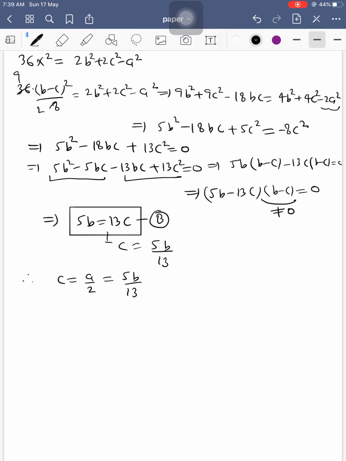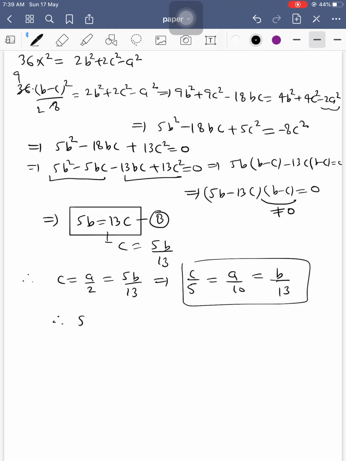Okay, dividing by 5, we can write C upon 5 equals A upon 10 equals B upon 13. Therefore, sides are in the ratio 5 is to 10 is to 13. Hence, we are done.